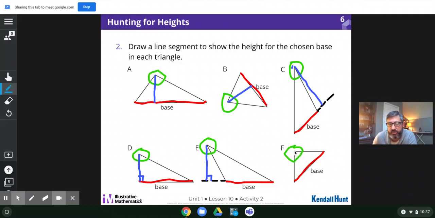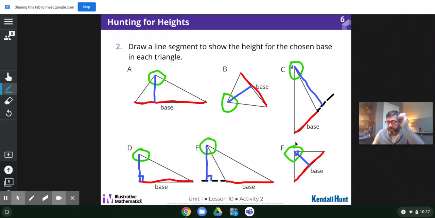All right, in this one, you'll notice, again, if we were to use our ruler or our index card, we could probably tell that this here is a right angle, okay? But if we were to draw our height from our opposite corner to the base, giving us that parallel line, then we wouldn't be using the sides to create the right angle.